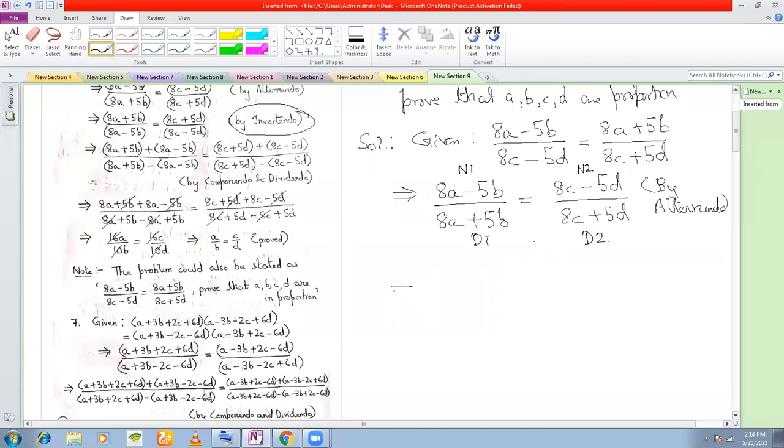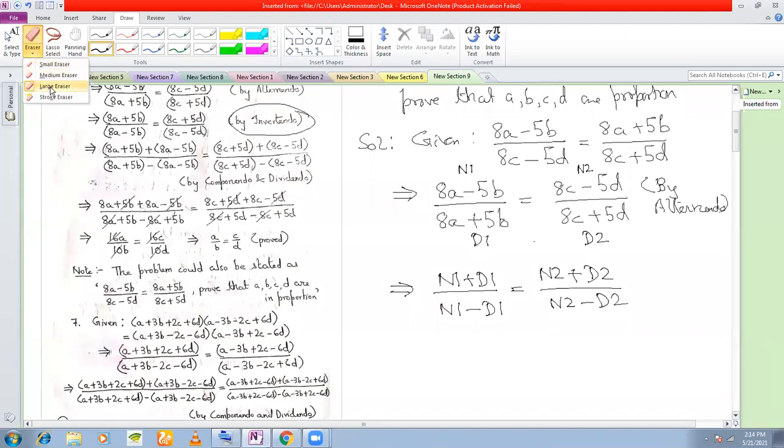Then according to componendo and dividendo, we must have n1 plus d1 by n1 minus d1 equal to n2 plus d2 by n2 minus d2, right? This is what it states, isn't it? So we'll write it according to this only.